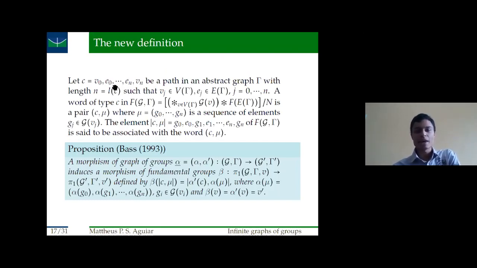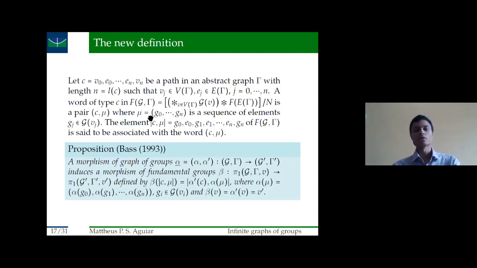So we establish a new definition, and it's based on the following. Let C be a path on the abstract graph gamma with length n equals L of C, such that Vj is a vertex, Ej is an edge, and this j varies from 0 to n.